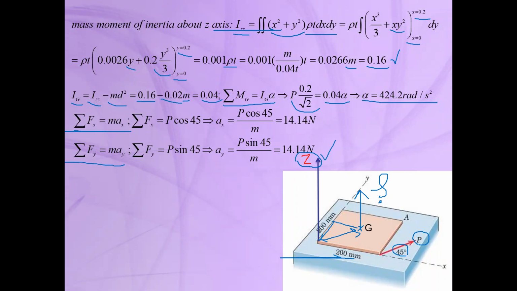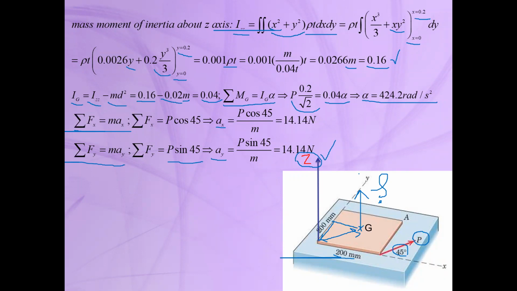Again in y direction we only have P times sine 45. So easily you can calculate the ax and ay, or the x and y component of the acceleration. So in this step we calculate the angular and linear acceleration for the plate from the kinetics of the problem.